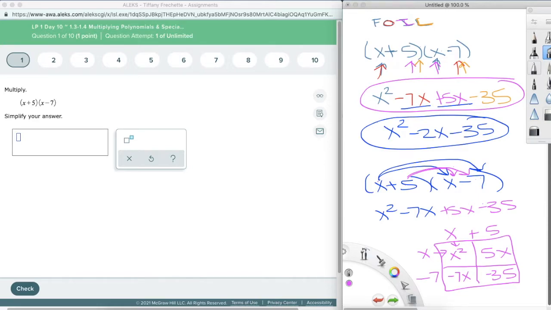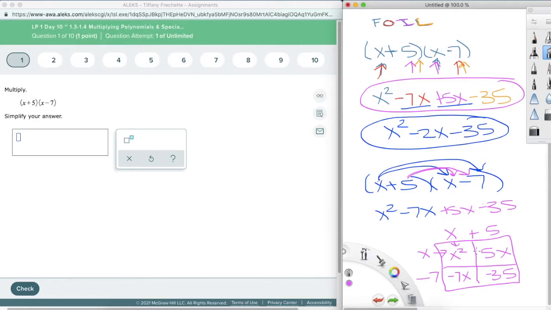So 2 numbers times 2 numbers. Once we start getting to bigger pieces, so like if we have a binomial times a trinomial, now FOIL doesn't work anymore because there's too many pieces. The first, outside, inside, last doesn't match up for every piece. So we would want to do something more like this in that situation. So it all depends on what makes the most sense to you, but there are multiple ways to do this.